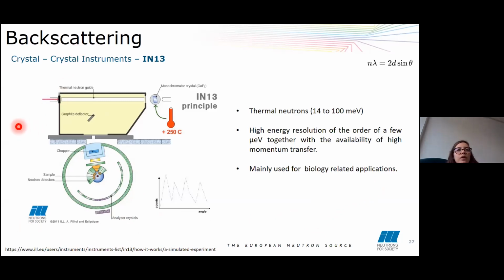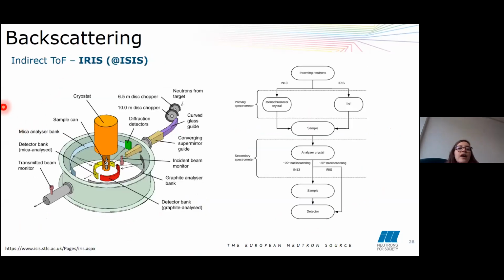Okay. And here we have IRIS. So IRIS is called a near-backscattering instrument, basically because the scattering angle of the analyzer is not exactly 90 degrees. It is 85 degrees, which means that the resolution of IN13 is better.